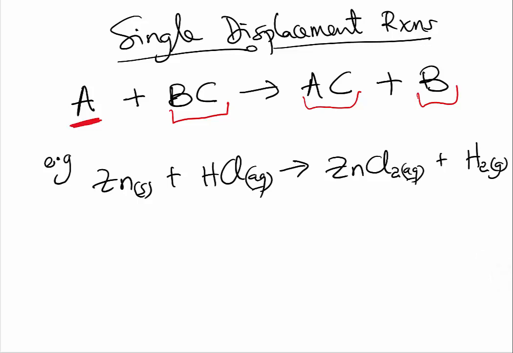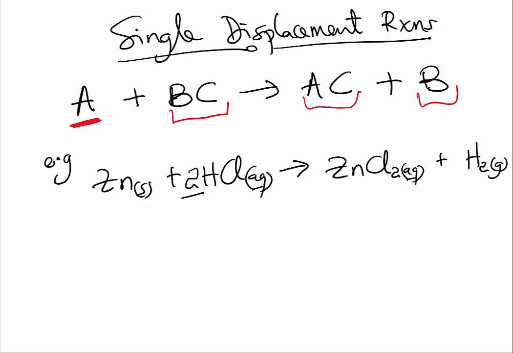This is an example of single displacement reaction. Let us balance the equation. Because zinc is kicking out hydrogen and taking possession of chlorine.